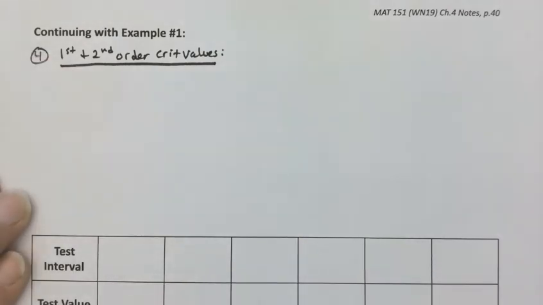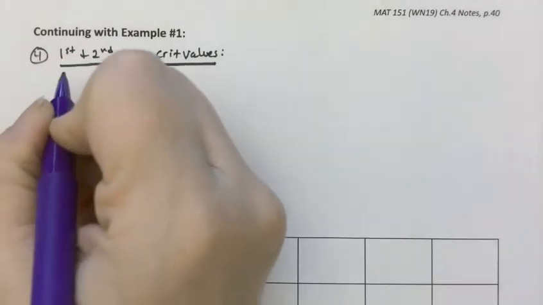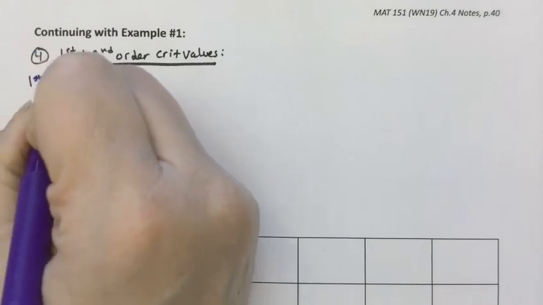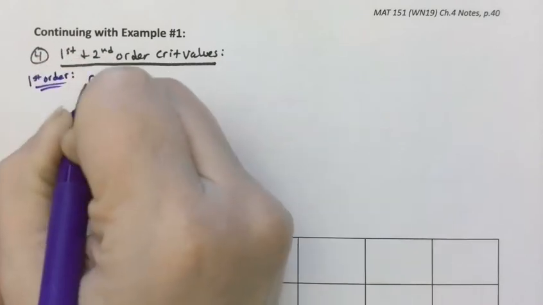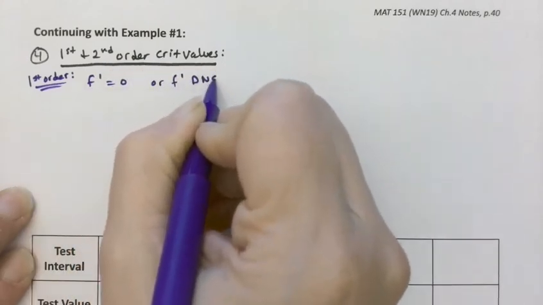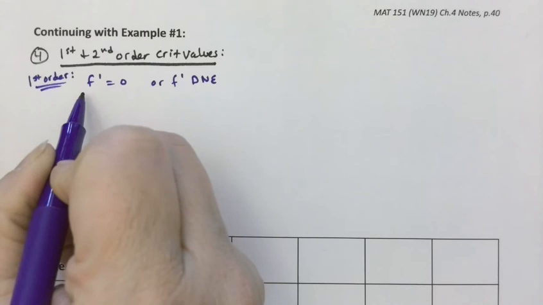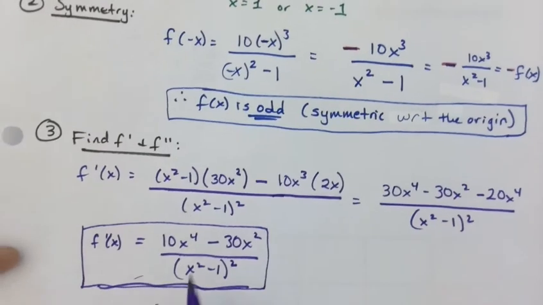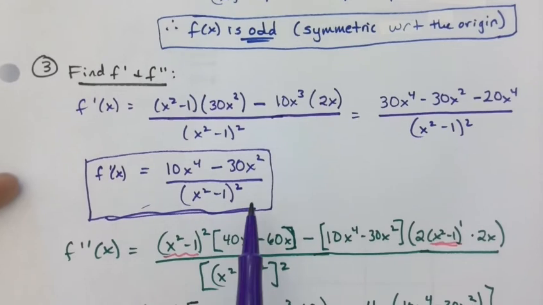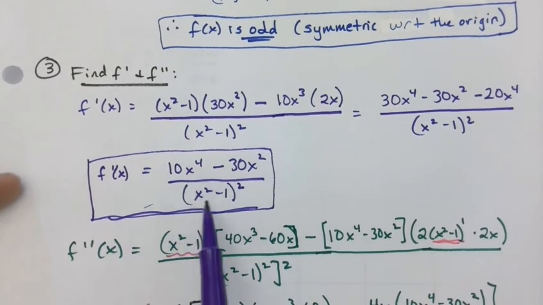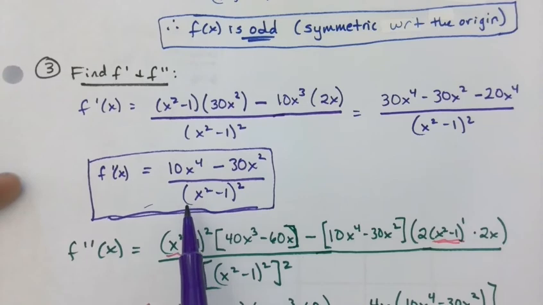The first order ones would be where f prime is equal to 0 or f prime does not exist. Remember that the first derivative is this function. So if it's equal to 0, that will mean that the numerator is equal to 0. And if it does not exist, that'll be the denominator equals 0.